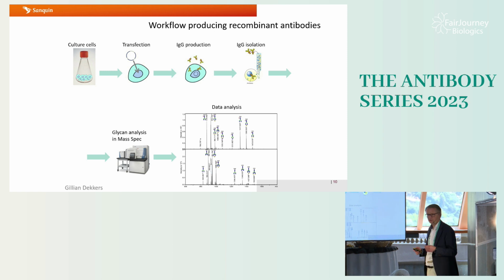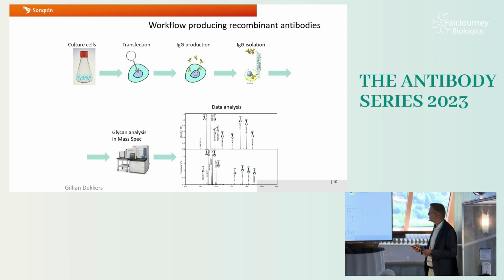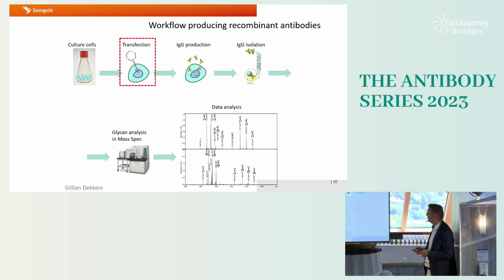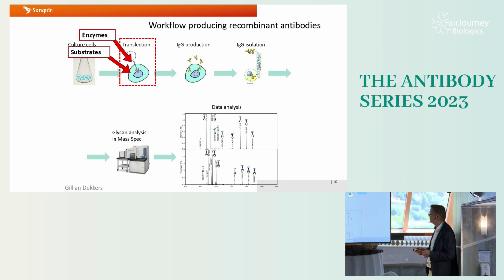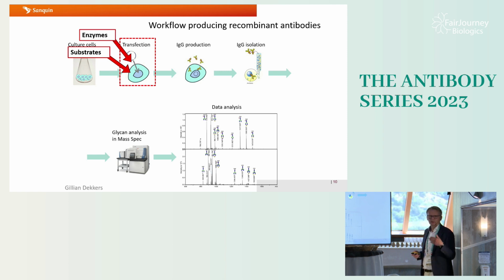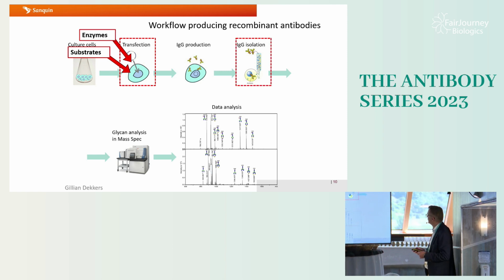To study this, we simply started with HEK cells, and we used these simple tools to produce our antibodies, as most of you also do, I think, but I included also substrates and enzymes and co-transfected them with enzymes in the whole machinery to attach these glycans or block those incorporations.